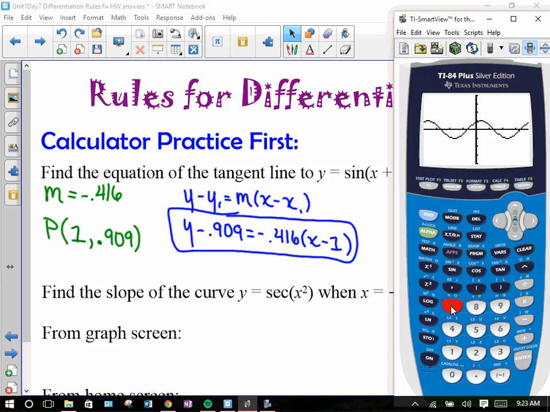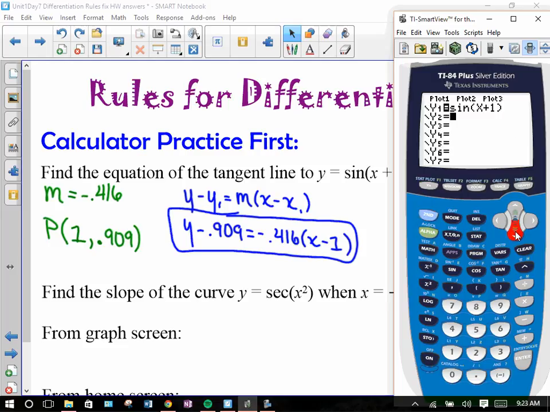What I would need to do is find the derivative here, because I can't just use these numbers since they are rounded. So I'd go second trace, the derivative, 6, at x equals 1, and store that. But we can graph this and get a pretty good estimate.